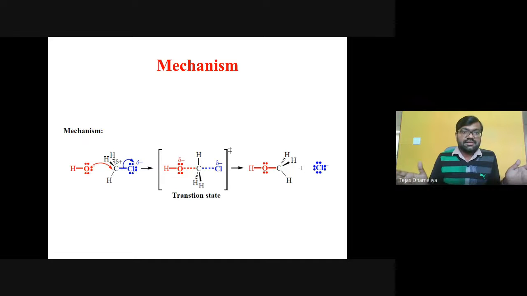Departure, incoming, so these things are described perfectly step by step. So that is termed as mechanism.